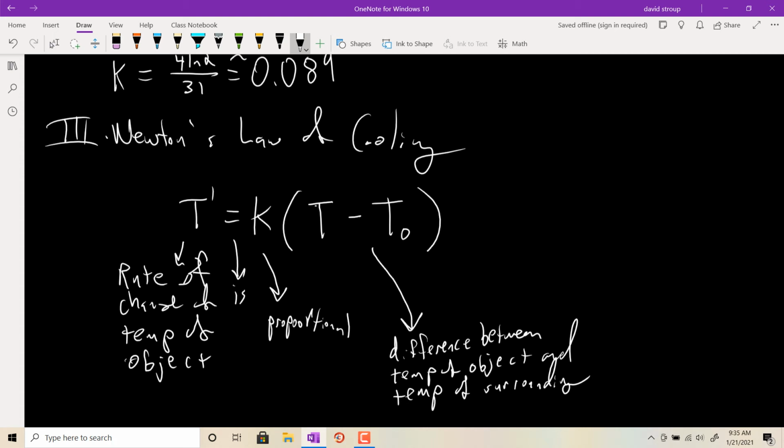So the surrounding medium could be air in our case.